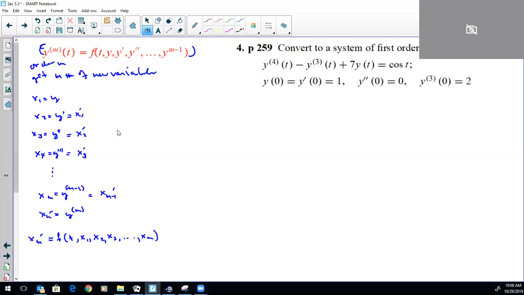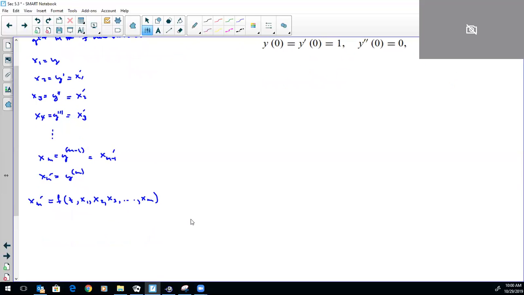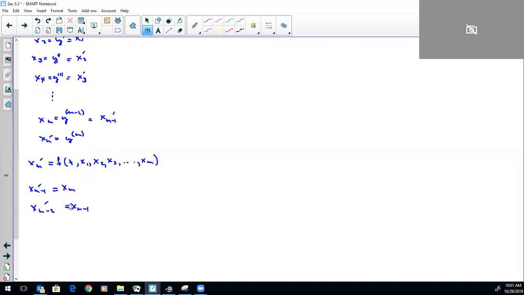Now, when you put this thing in normal form, you list a system of first order differential equations. Okay. So here's one of them. Okay. That's a first order DE. The next one would be x(m minus 1) prime, and that's just xm. x(m minus 2) prime will be x(m minus 1), and so on down here to x3 prime.